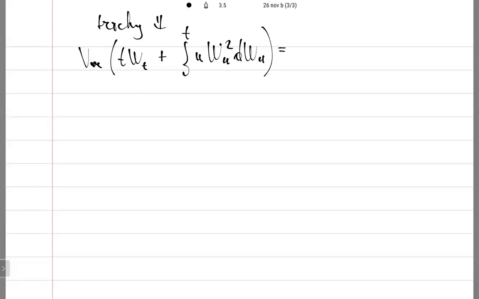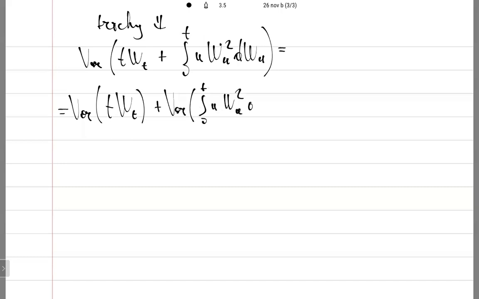And it's the variance of tW_t. Sorry, isn't it t cubed? Of the first term, yes, it's t cubed. But it's not the final answer because you have more terms. But you need also 2 covariances.